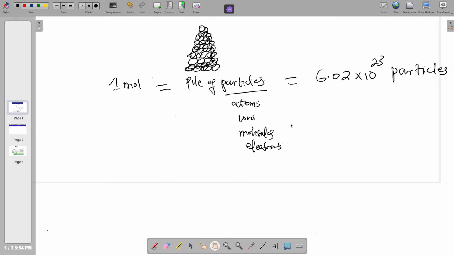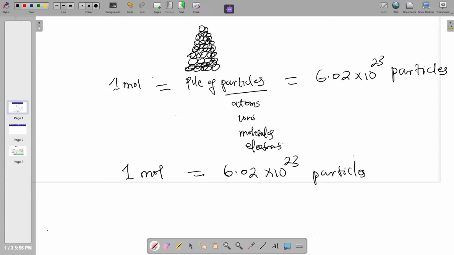So we can say 1 mole of any chemical, any substance, consists of 6.02 times 10 to the power 23 particles. So if it's 1 mole of oxygen atoms, that means they contain 6.02 times 10 to the power 23 oxygen atoms. If it's 1 mole of hydrogen molecules, it means that this 1 mole of hydrogen molecules will contain 6.02 times 10 to the power 23 hydrogen molecules. Okay, so just keep that in mind.